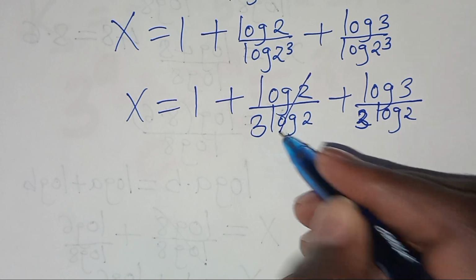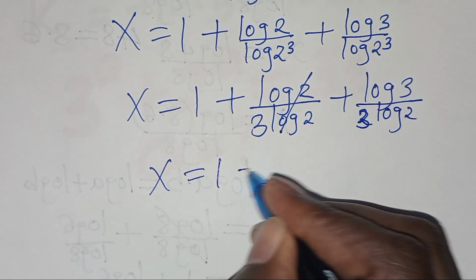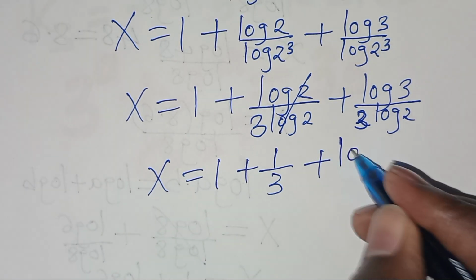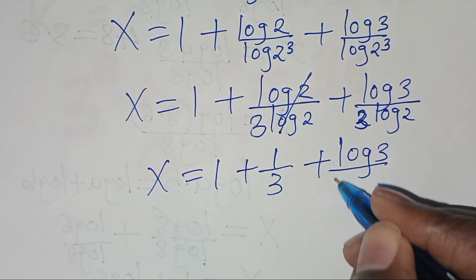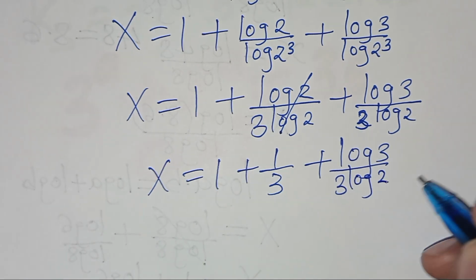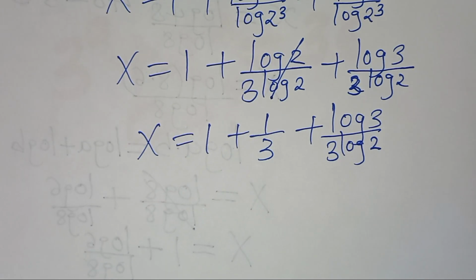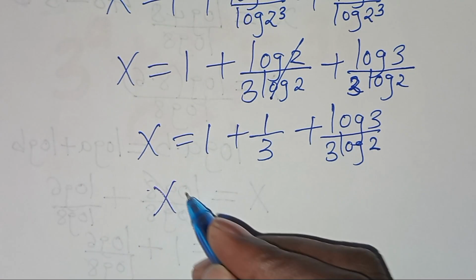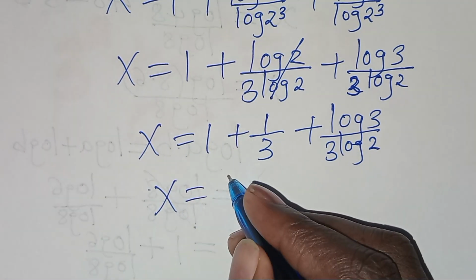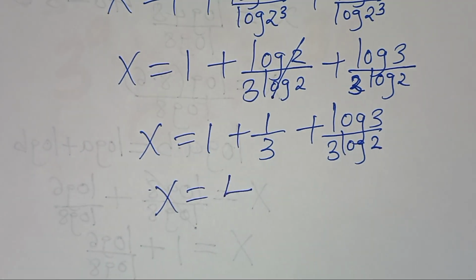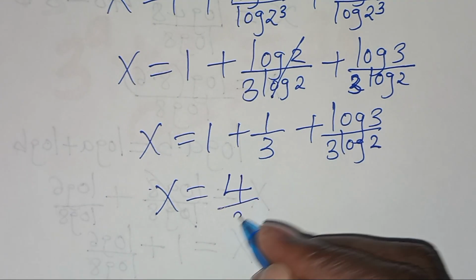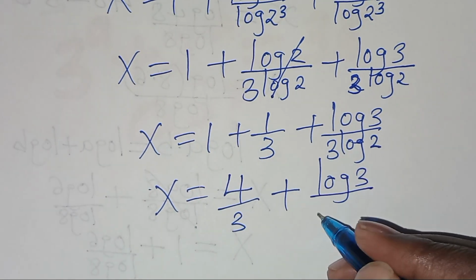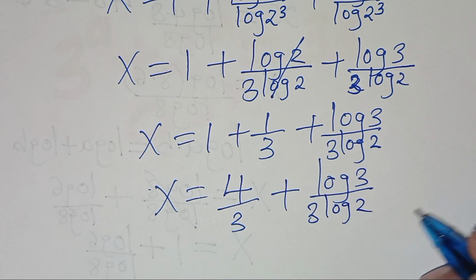Now log 2 and log 2 here simplify, so x is equal to 1 plus 1 over 3 plus log 3 divided by 3 log 2. So now here we have 1 plus 1/3, which is the same thing as 4 over 3 plus log 3 divided by 3 log 2.